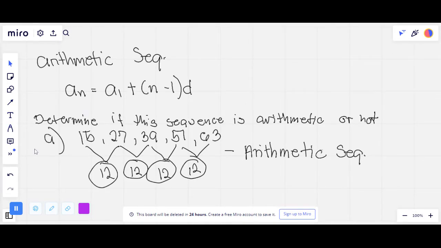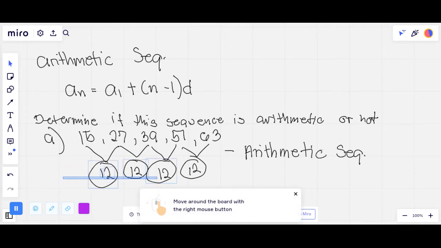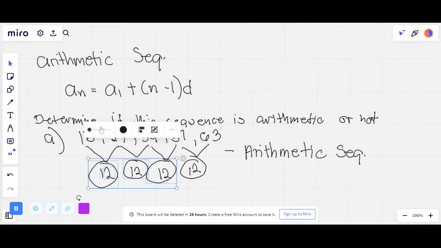Okay. Now, we have another example. What is this? How do I erase it? Yeah, I don't know what I'm going to do.